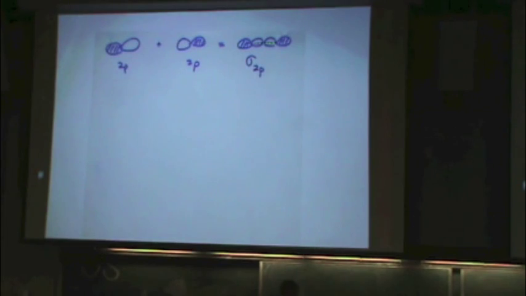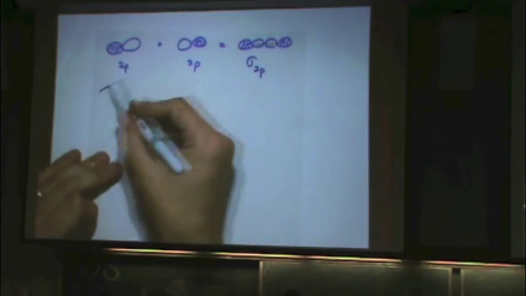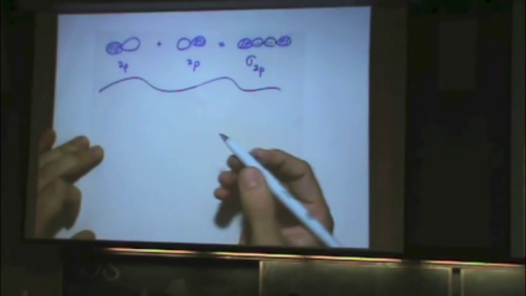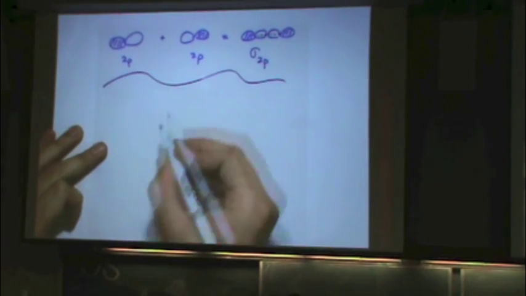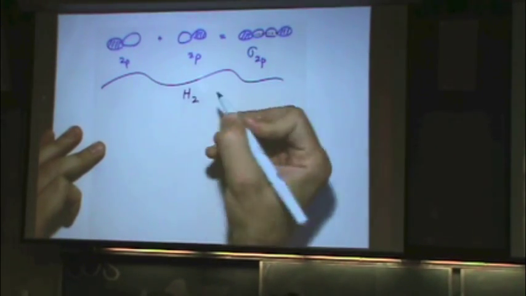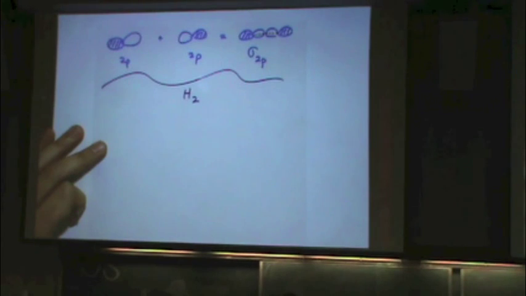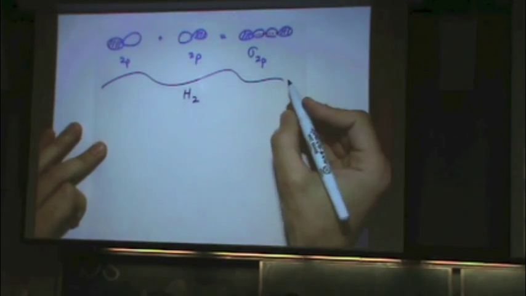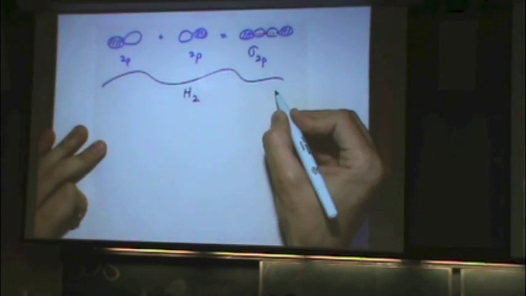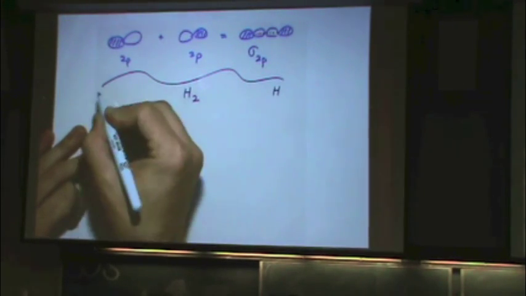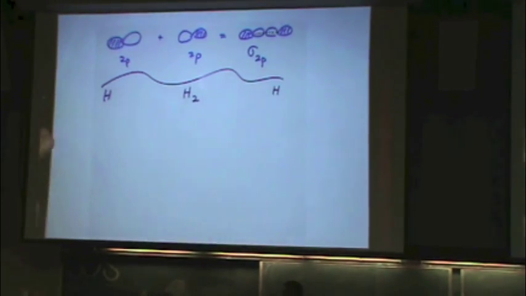Okay, how does this work as far as bonding? Well, let's try our simplest example. Let's try to make a hydrogen molecule, H2. Now, how you make this setup is you say, well, H2 comes from two H's. So what you're going to do is draw the molecule in the center.